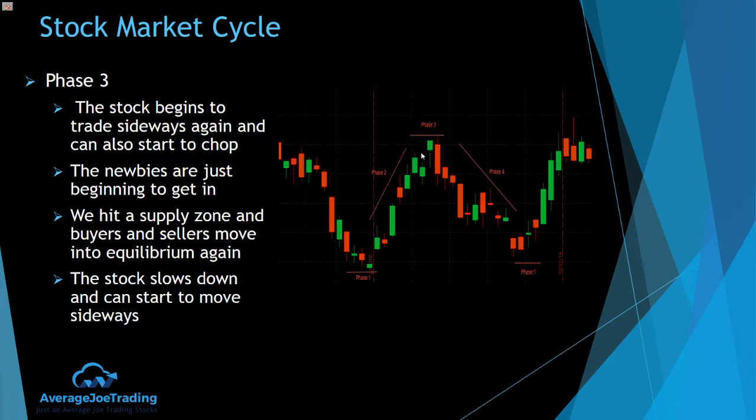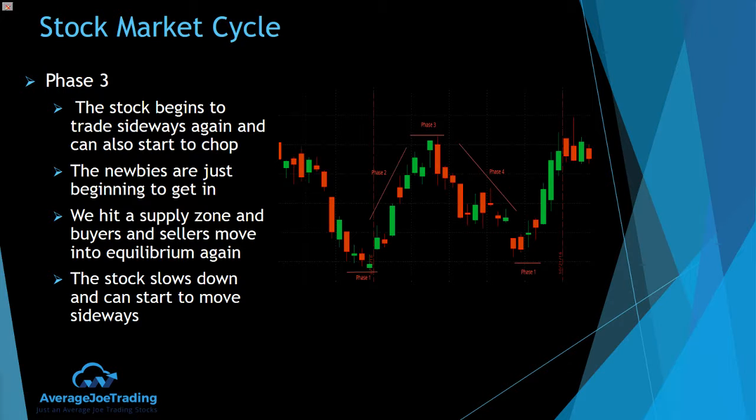And what happens, we hit a supply zone. That's why it's good to know the pivot points on the daily chart. That's why I like to mark them out, because all of those pivots are supply zones. That's where buyers and sellers historically have been in the past, and more than likely, they're still going to be there.